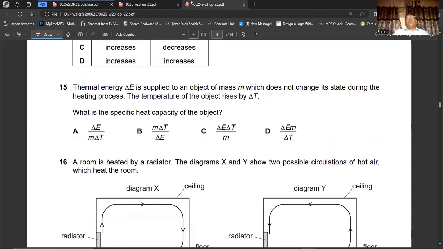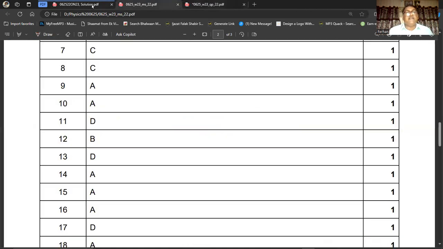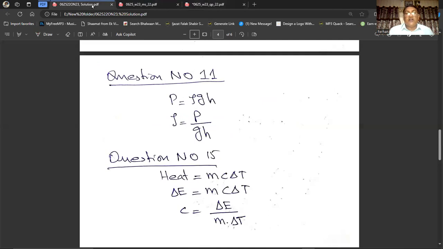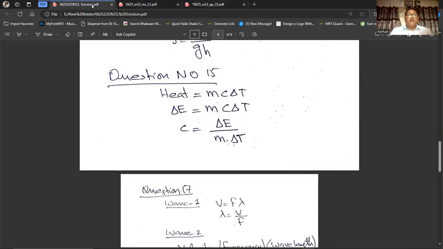Okay, then we have question number 15. He says, thermal energy, delta E, is supplied to an object of mass M, which does not change its state during the heating process. The temperature of the object rises by delta T. What is the specific heat capacity of the object? Okay, very easy, very simple. Heat is equal to m c delta T. That's the famous formula when the temperature changes.